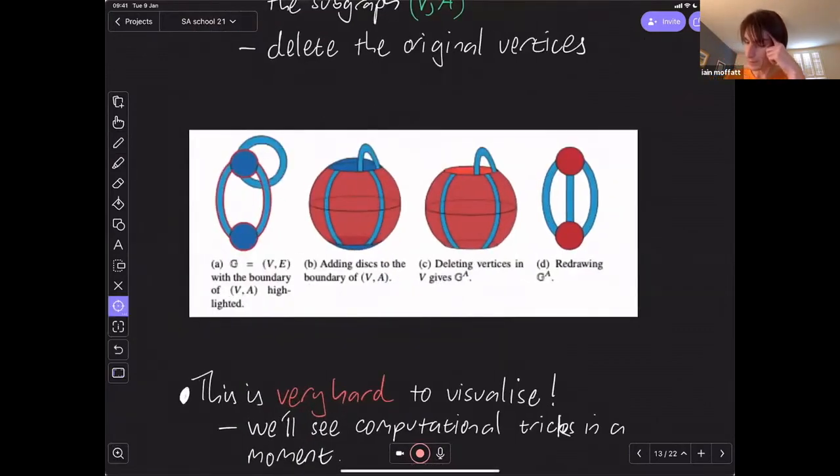So what I've got is a picture of a ribbon graph, like so. And I'm going to pick some subgraph, and my subgraph is going to consist of all of the vertices, and I'm going to just take these two edges here.